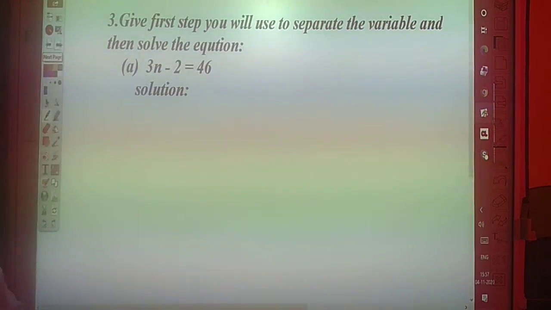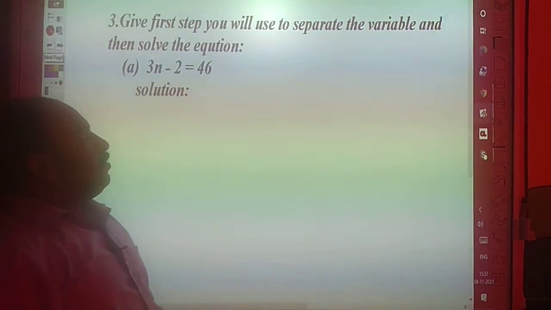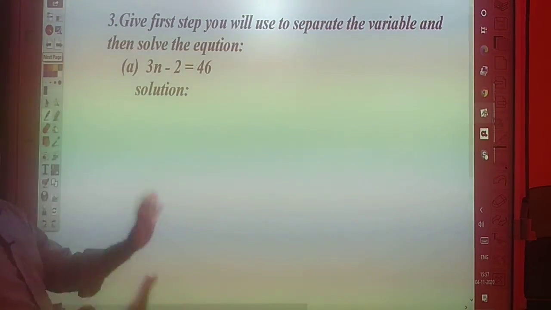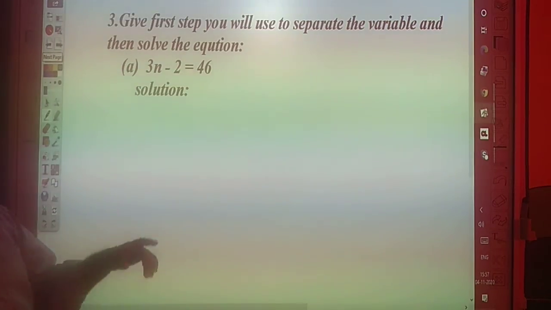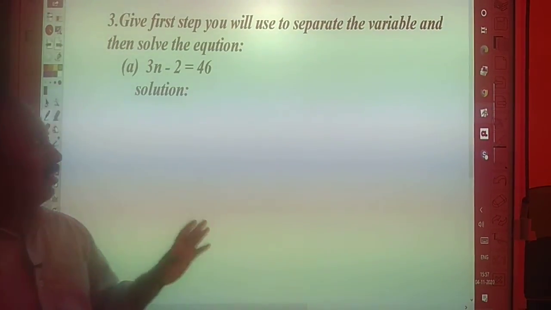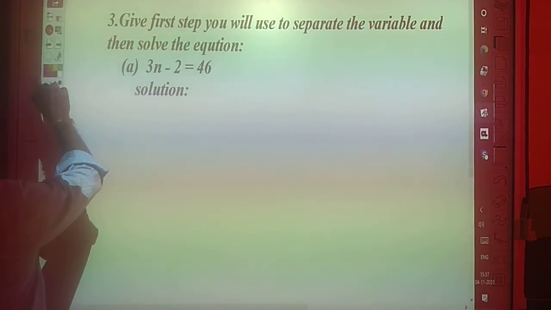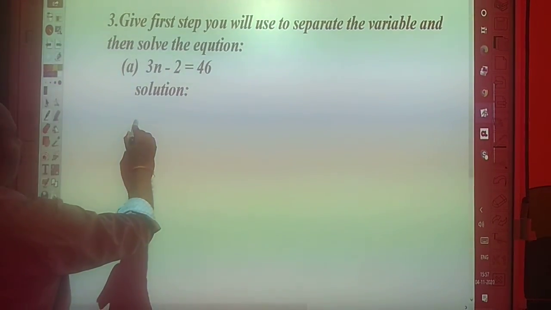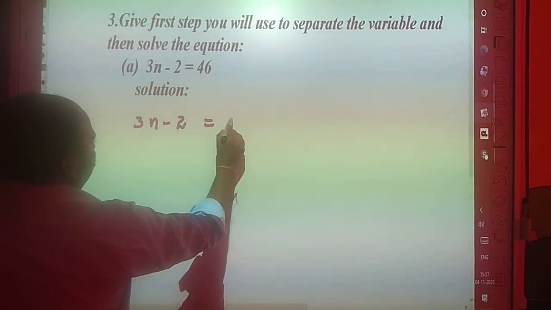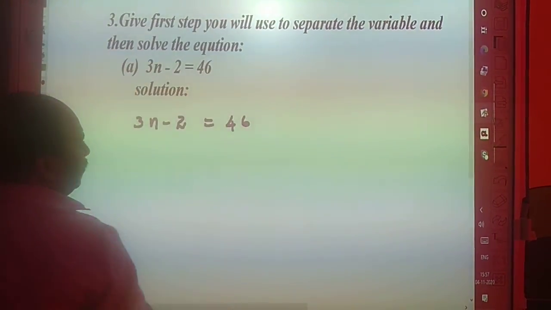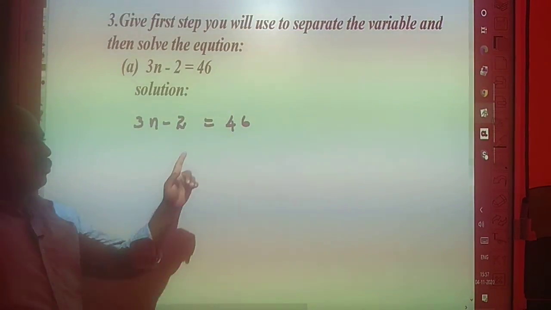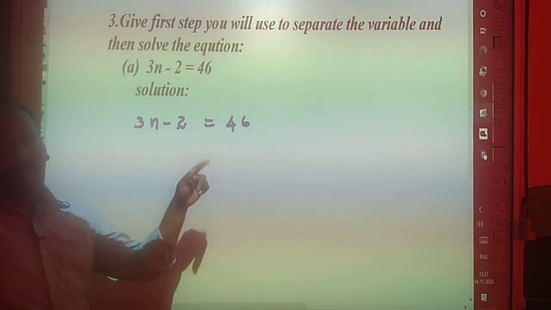On the third part, give the first step you will use to separate the variable and then solve the equations. Here our given equation is 3n minus 2 is equal to 46. LHS is 3n minus 2, RHS is 46.